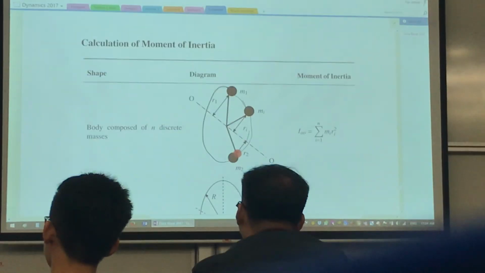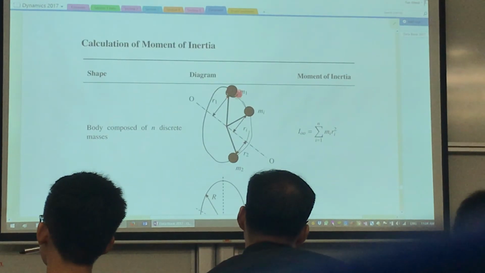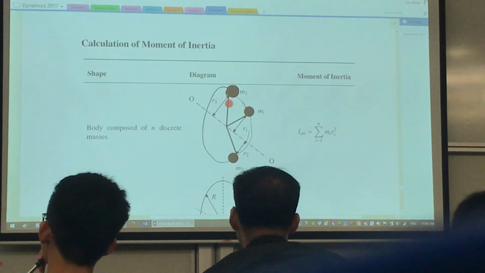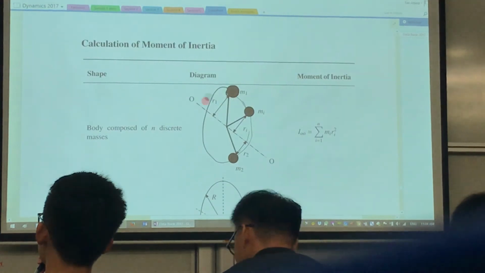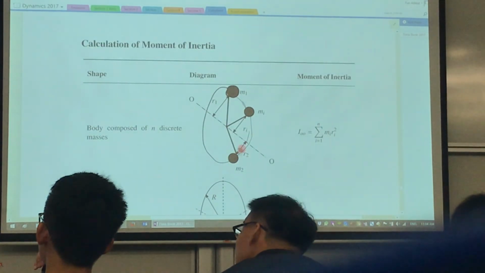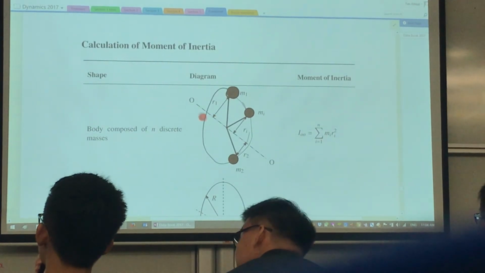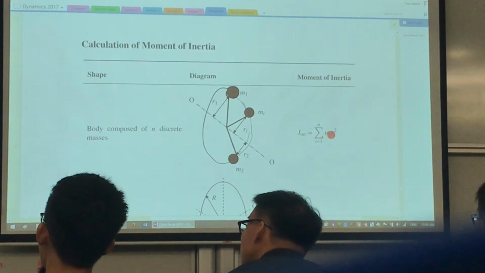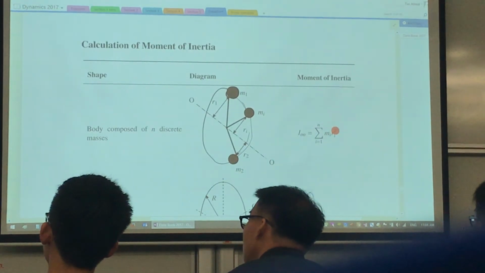If you want to find the moment of inertia due to one point mass, we take the mass multiplied by the perpendicular distance away from your axis squared, m r squared. That's the equation for moment of inertia.